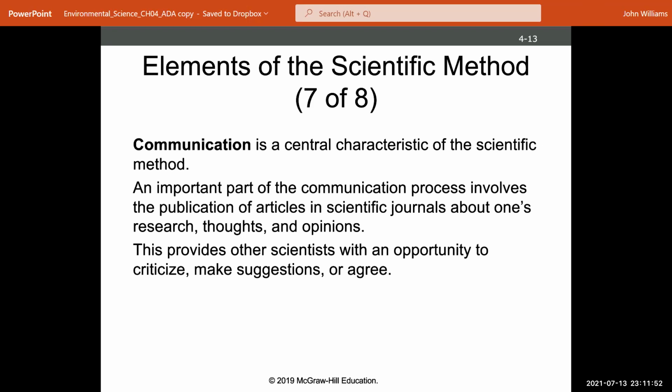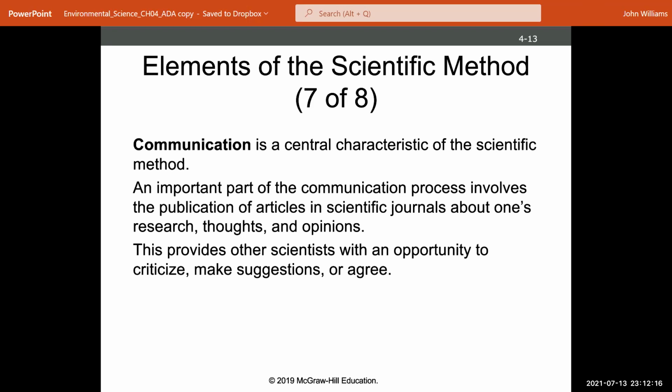And these publications are peer reviewed. Other experts in our fields will review our papers. They criticize our papers. They make suggestions, or they agree with our work and agree that it should be published and put out for the public to read, and basically the rest of the scientific community.